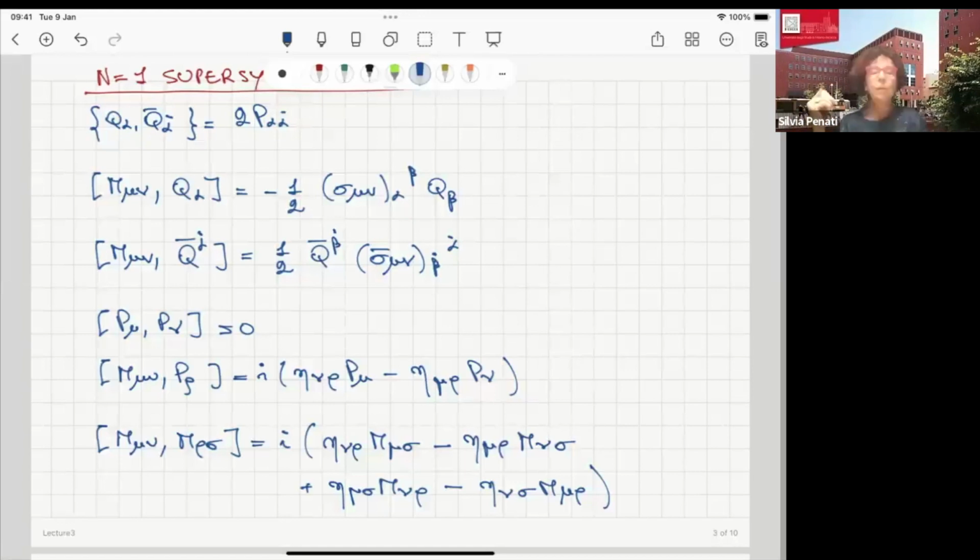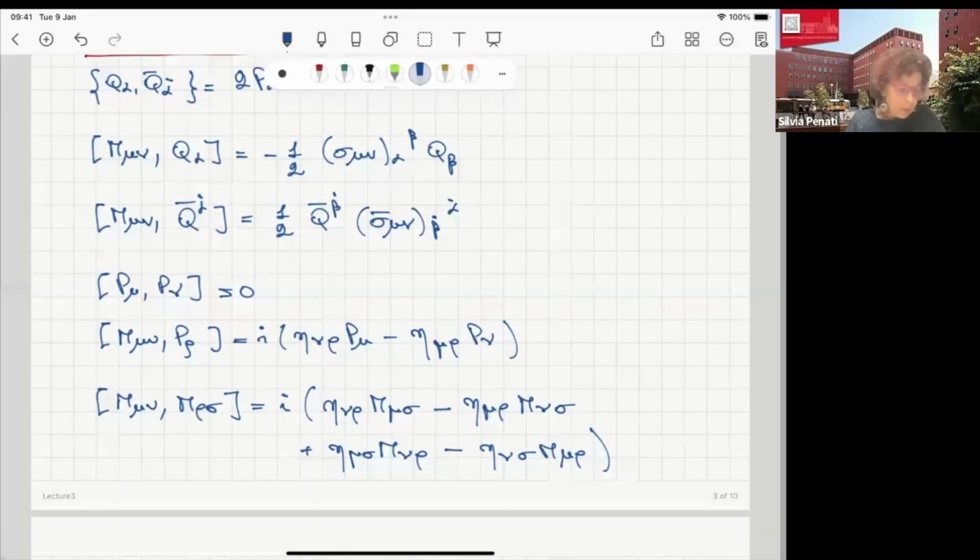And second, very important, what we will look at is how to build up representations of supersymmetry algebra, and in particular, how to organize particles into supersymmetry representations. Okay, this is basically the content of my lecture today.